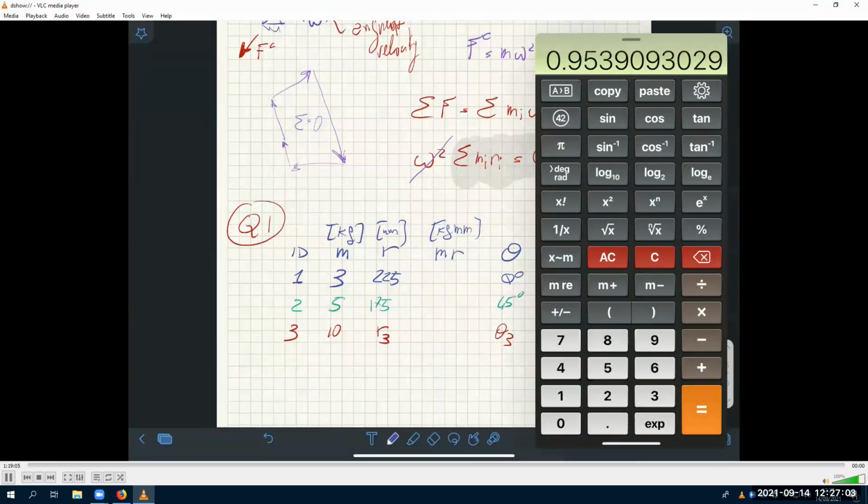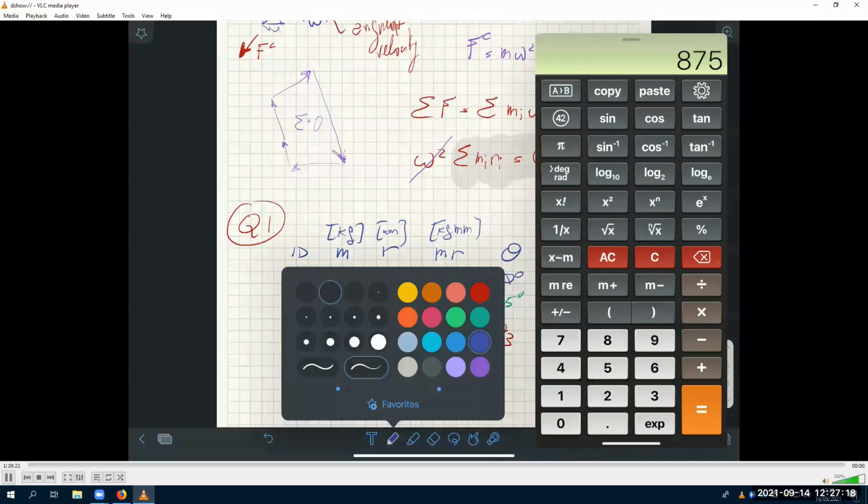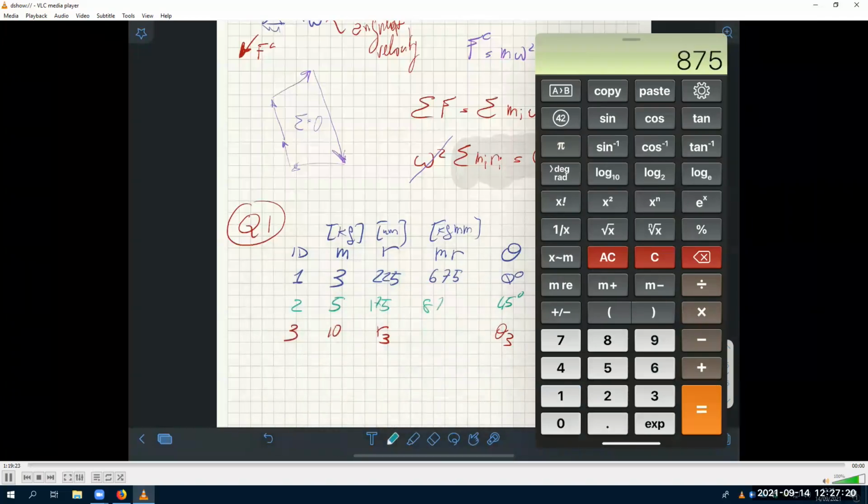Oh, calculator. There you go. So let's do 3 times 225. This is 675. And 5 times 175. This is 875. Kilogram millimeters, of course. Now, this one, of course, is 10 R3 that we don't know. That's the multiplication between 10 and R3.